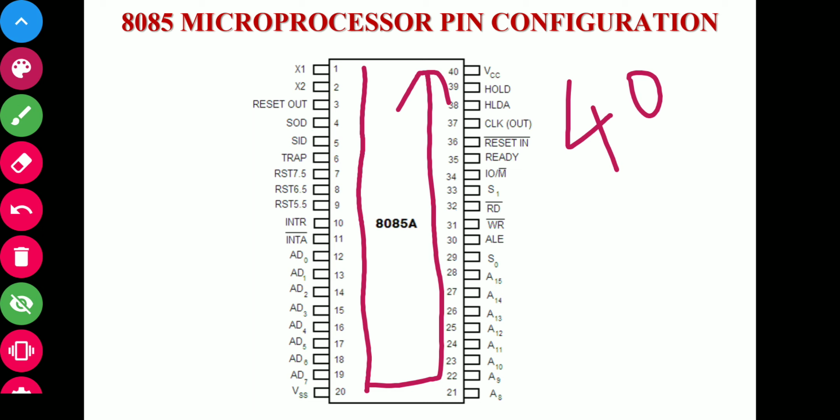To perform the operation on a particular pin, we have to give the corresponding signal to that pin, and only then can it perform the operation. So this is the pin diagram of the 8085 microprocessor, or the 8085 microprocessor pin configuration.